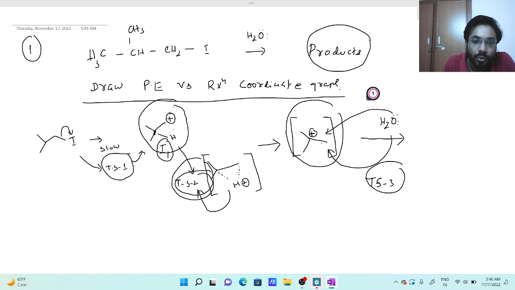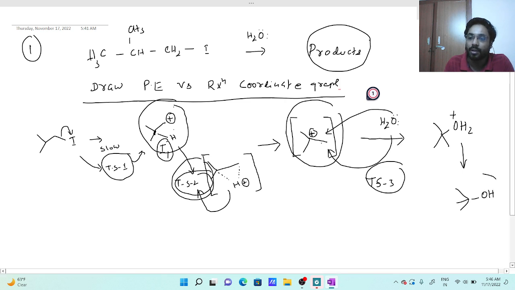So if you are forming any intermediate, beside that, two transition states should be there. Now look at the product. What would be the product? After removal of H plus, we'll get the tertiary alcohol. So what about the reaction coordinate? I'm writing it here.